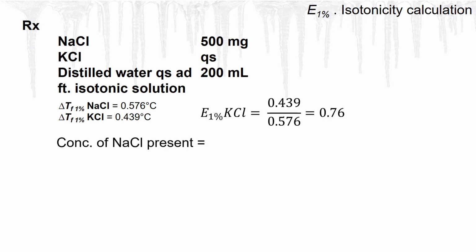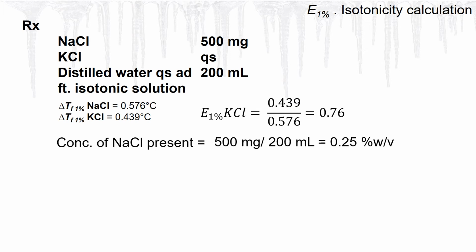Then we have to find out the equivalent amount of sodium chloride, in terms of concentration, present in the system. It's coincidental that you are given sodium chloride. If it is not given, you have to convert the ingredients to their sodium chloride equivalence. And you find that the concentration is 0.25%.